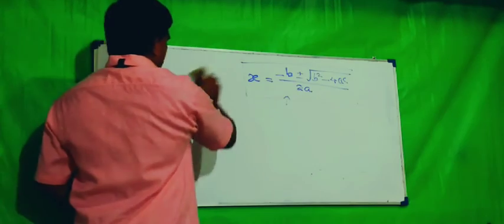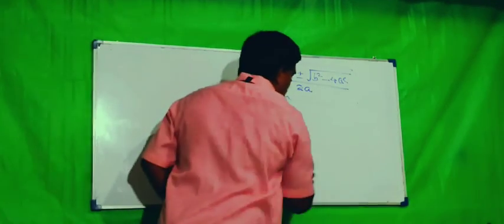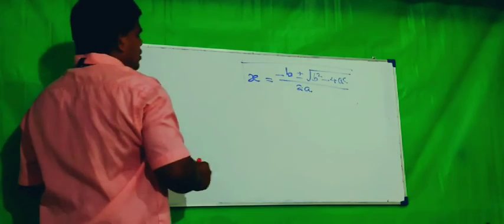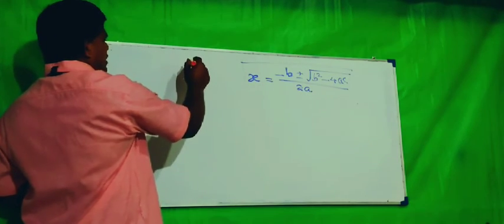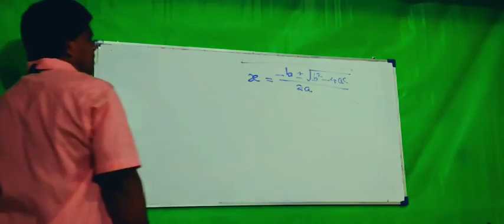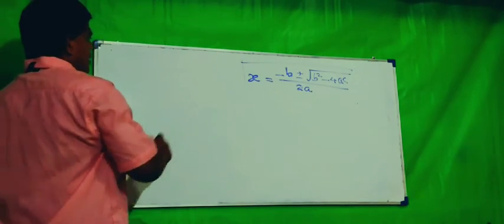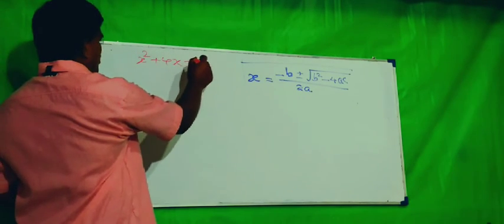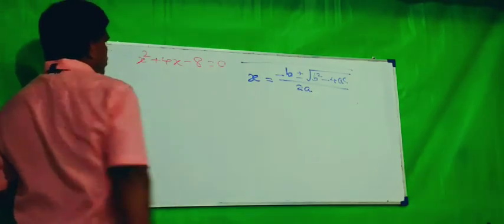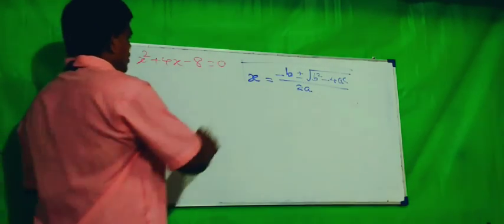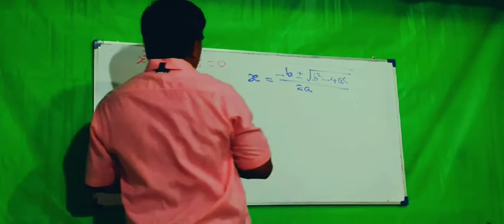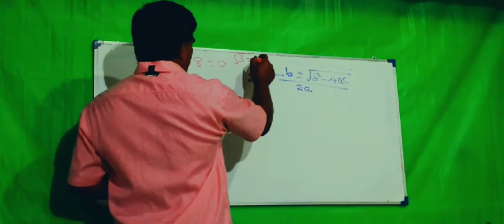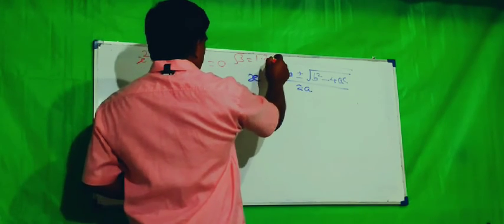So let's take the same equation, the same question as we took, the 2010 quadratic equation in the national paper. It was x squared plus 4x minus 8 equals 0. And in that question, it was given that the square root of 3 is 1.73.